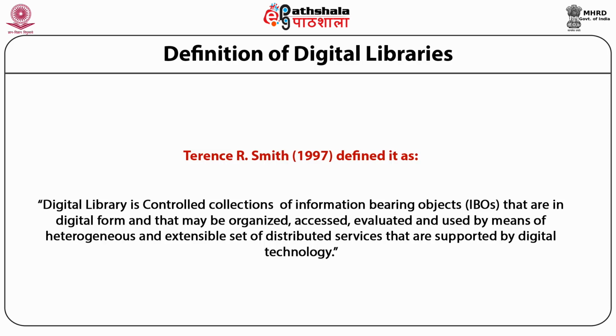Here again, emphasis is on controlled collection. That means that the collection is well organized with metadata at different levels. Information bearing objects refers to digital format of information including textual and multimedia content.